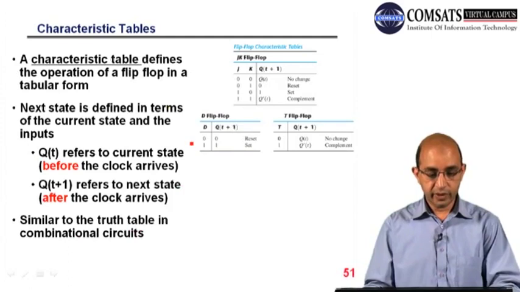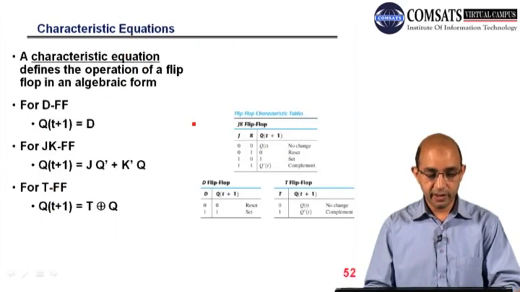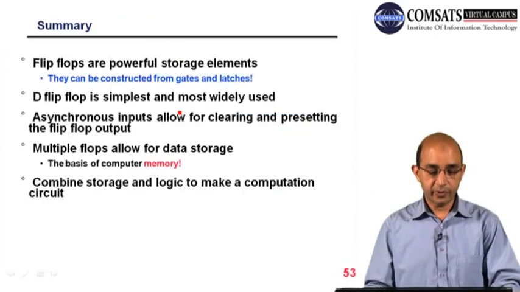A characteristic table normally defines the operation of a flip-flop in a tabular form. As we can have equations for all the combinational circuits, we can also have equations for flip-flops, so these are the characteristic equations for flip-flops.